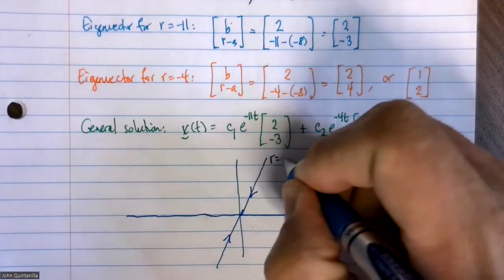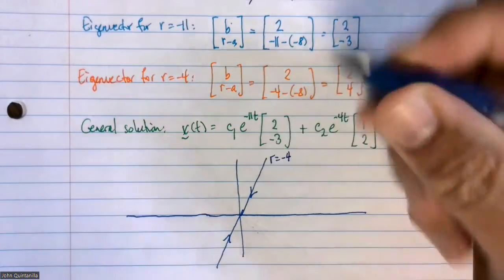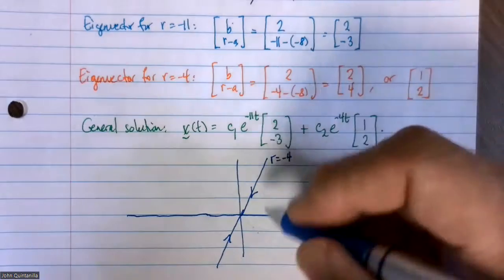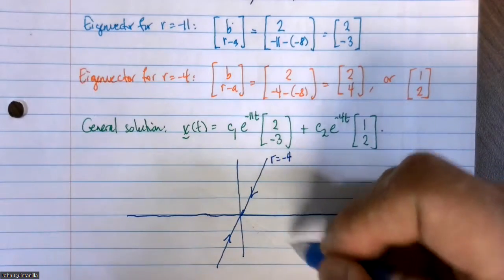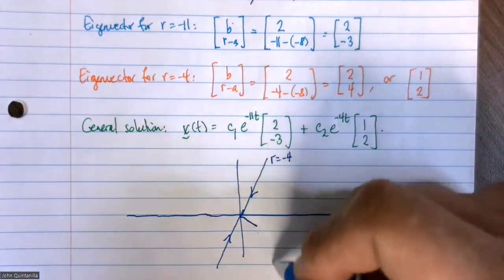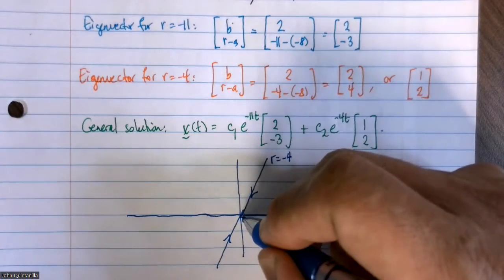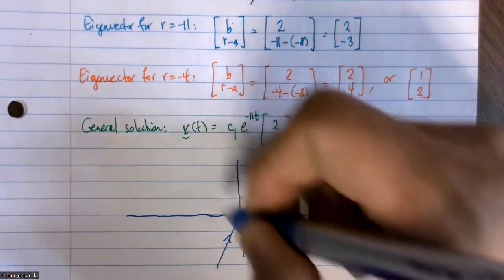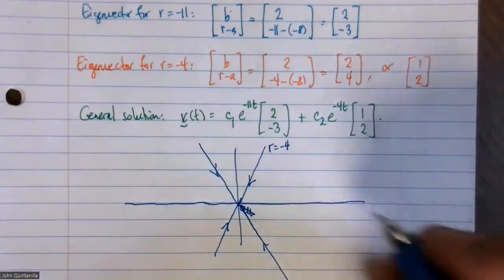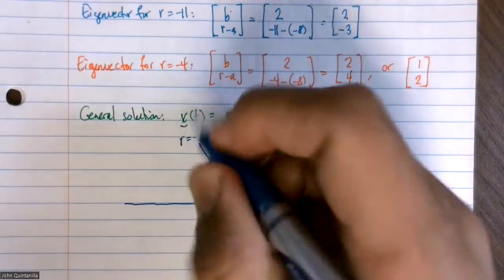That's the eigenvector corresponding to r equals -4. And then the other eigenvector is going to be for 2, -3. So 2 down, 3 over. So it'll be something like this. Or, sorry, 2 over, 3 down. I drew it incorrectly. So something like this. And that'll be the direction for r equals -11.